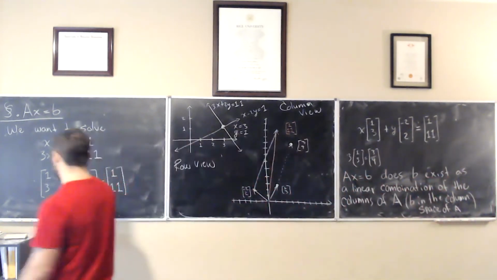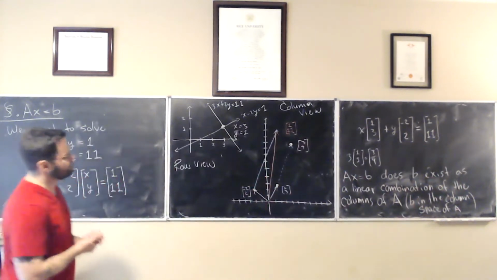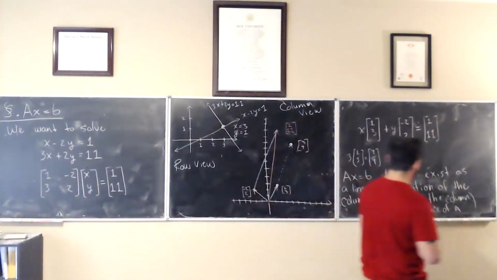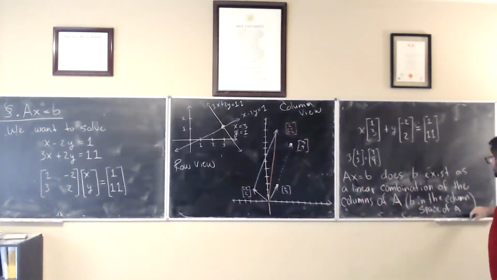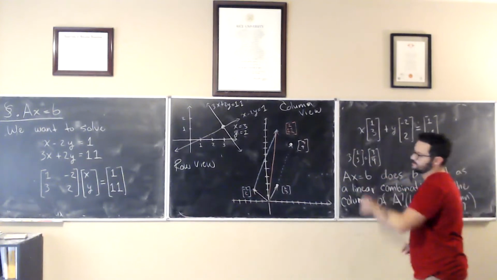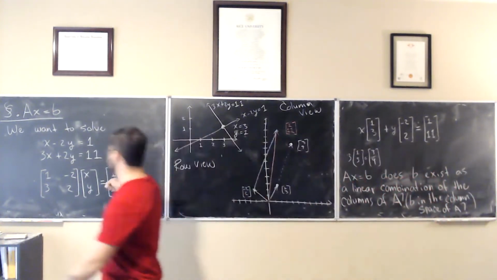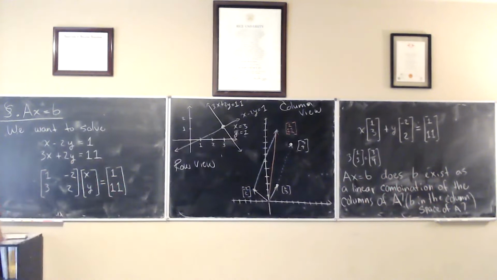So these are both questions, right? It turns out in this case that yes, this vector B is in the column space of A.